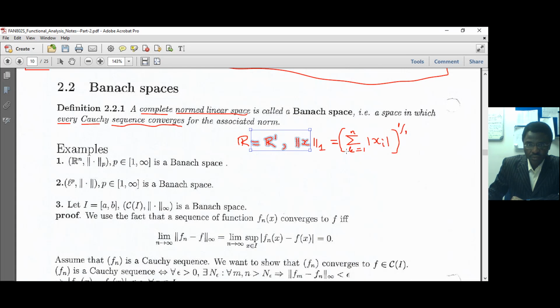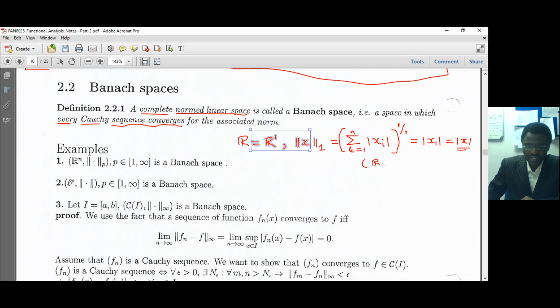Now, because n is equal to 1, we just have x1, which is in fact x, because there's only one component. That's the absolute value of x1, which is the absolute value of x. So that is the absolute value in R. So you can see with this example that the metric and norm space will coincide.